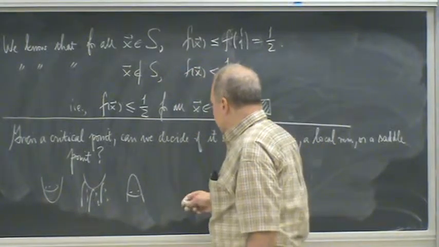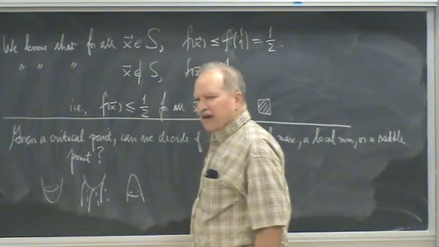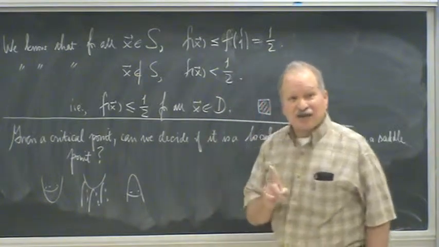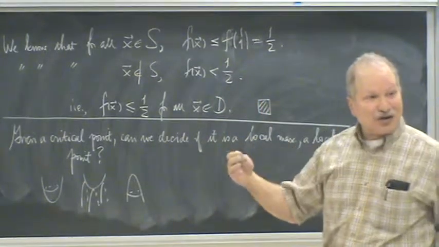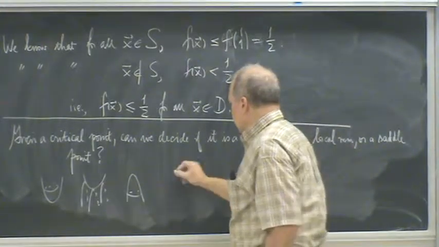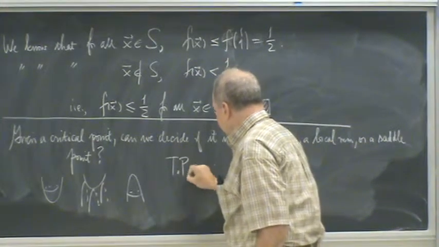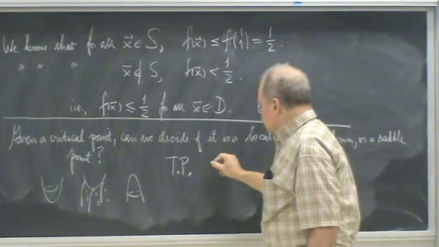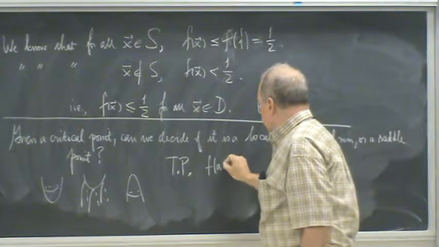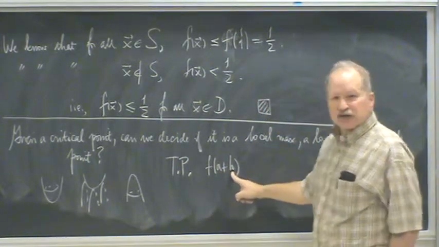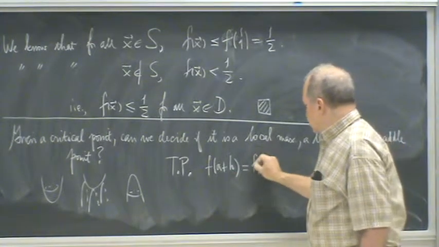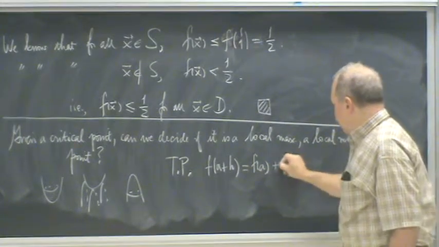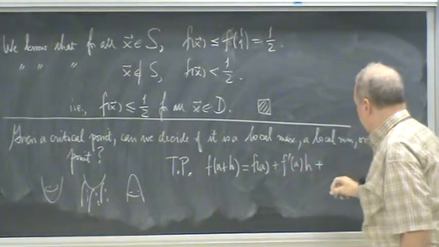So where we're headed is something like a Taylor polynomial. You didn't learn it this way in single variable calculus because you learned Taylor polynomials later. But what in fact you were doing with a Taylor polynomial, affectionately known as TP, is saying if you have a function that's twice differentiable and you want to look at a point A and nearby, so you take a small h, you could expand in a Taylor polynomial centered at A. And you may, I hope, recall that you had something that went like this.